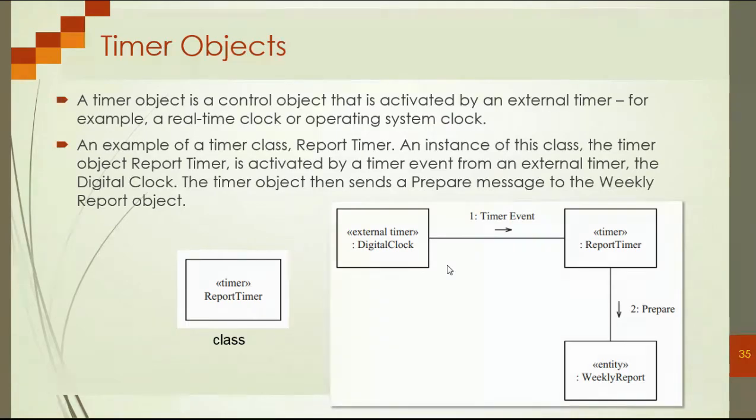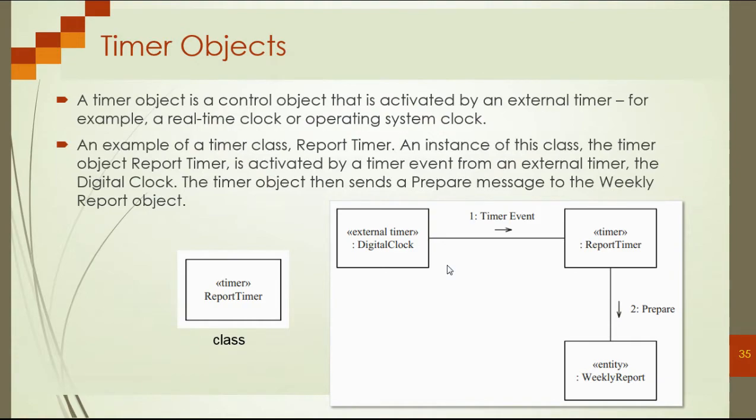The last type of control object is the timer. If your system is based on a timer, you have to create a timer object, and this timer is used to represent the timer that we use.